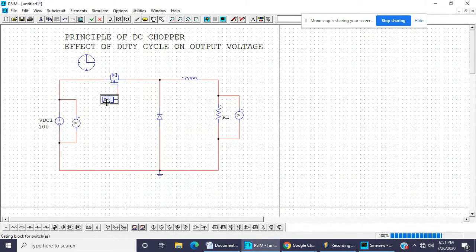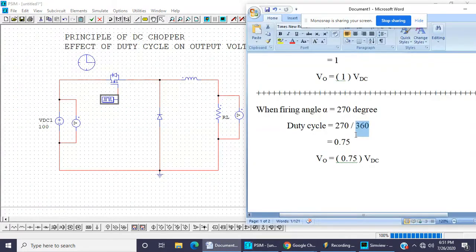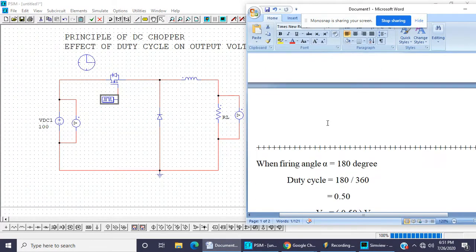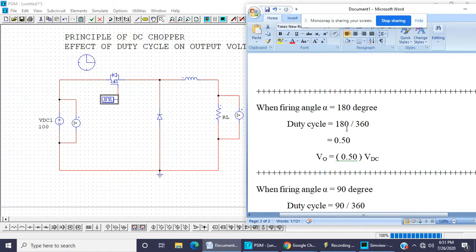Now again, if we change this one to 180. So in this case, when firing angle alpha is equal to 180, this is T on time and 360 is total time.